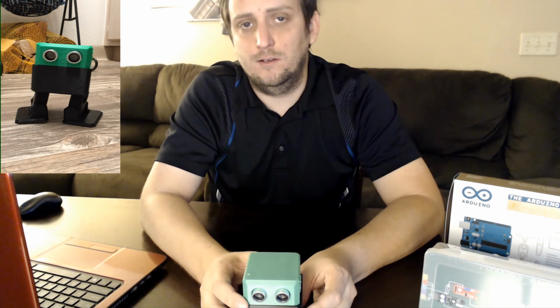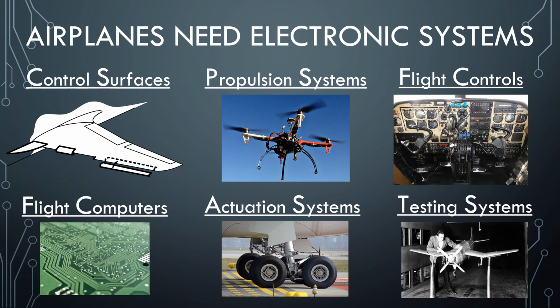At this point of the video, you might be asking yourself, I'm an aerospace engineer, why do I need to know about electronic systems? Well, to put it simply, airplanes need electronic systems to fly. And there are many different types of electronic systems on an aircraft.